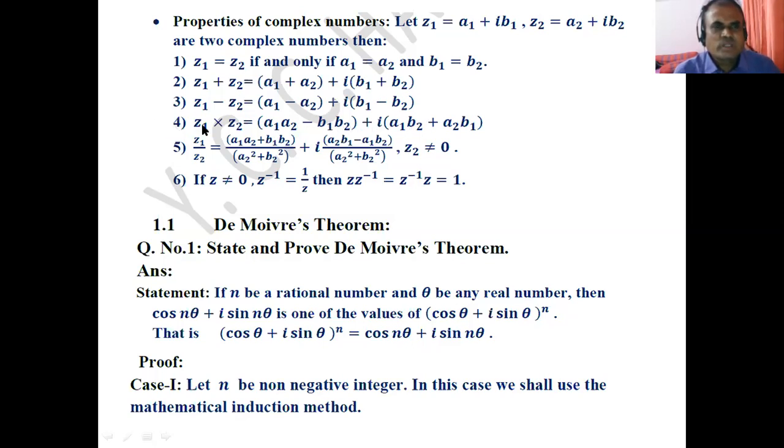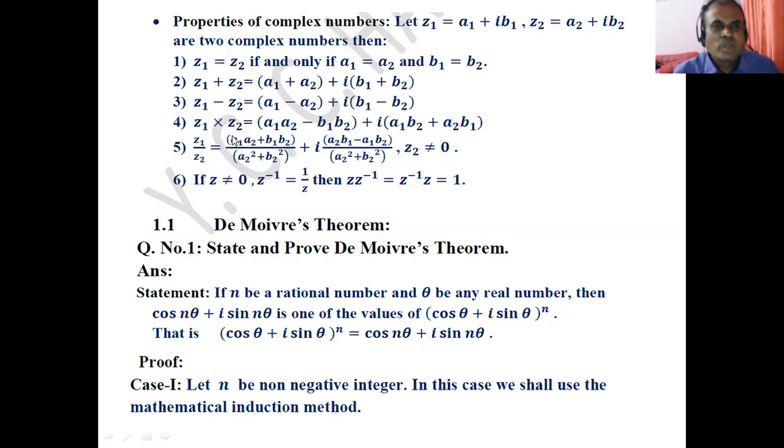So z1 into z2, the product of two complex numbers, is equal to this. Okay. Now the fifth property, z1 divided by z2. When we divide this using the rationalization method, we get the result in the form of a complex number.